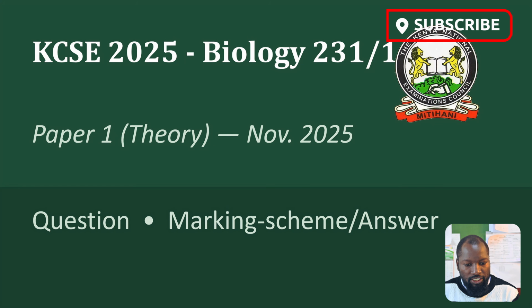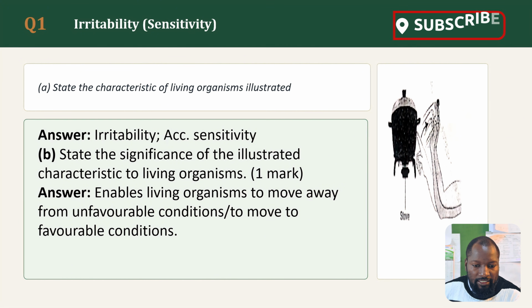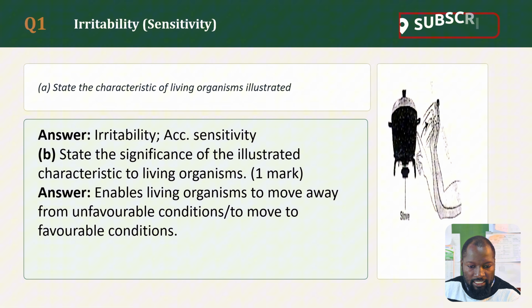So let us begin. Now, question number 1. In the year 2025, question 1A: state the characteristics of the living organism illustrated in the diagram. When you look at this diagram, you can see there's a characteristic being demonstrated by using an illustration.